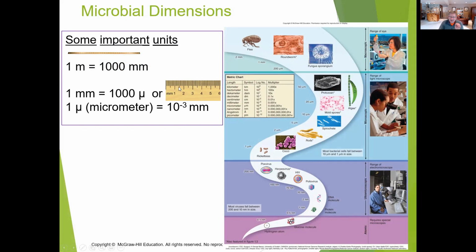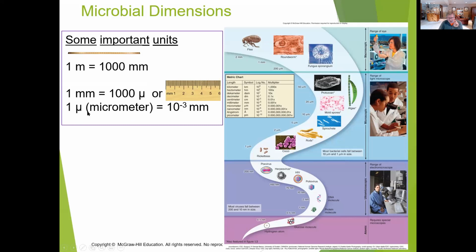All right, now I want you to take that millimeter that you can see here, this small little unit, and divide that 1,000 times. Take that millimeter, subdivide it 1,000 times. If you do that, each one of those little subdivisions would be called a micrometer. Micrometer, and we use this kind of funny symbol to indicate micrometer. Looks sort of like a U, but it's not. It's a micrometer unit.